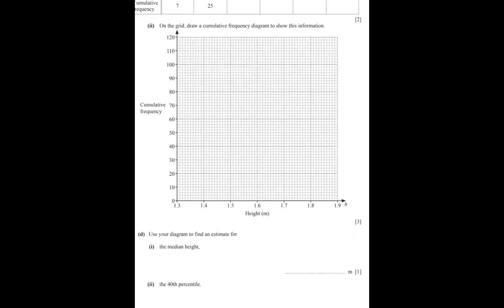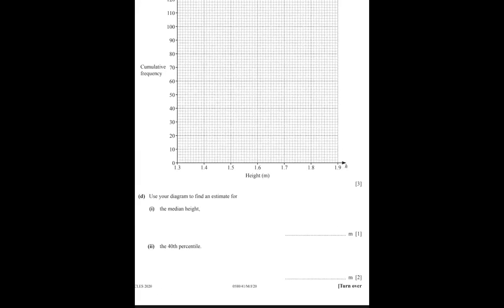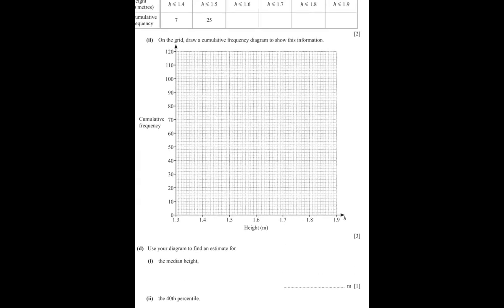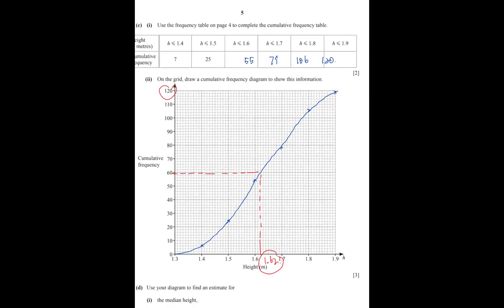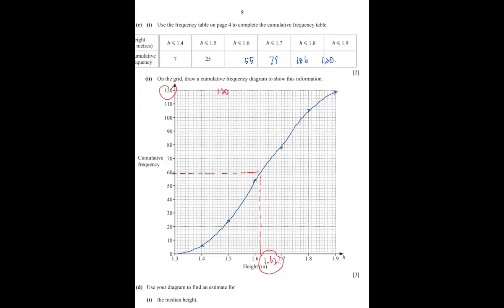I'll scroll down to see the questions a bit. The 40th percentile. So for the 40th percentile, let me just put it back in the graph. The 40th percentile is where 40% of your data lies. So if you have 120 data points, the 40th percentile is just this times 40%, which is 48.